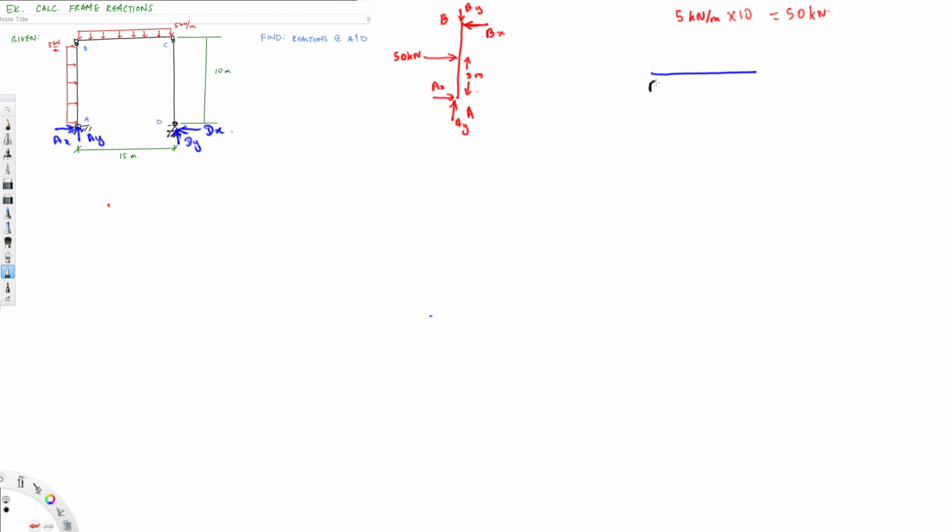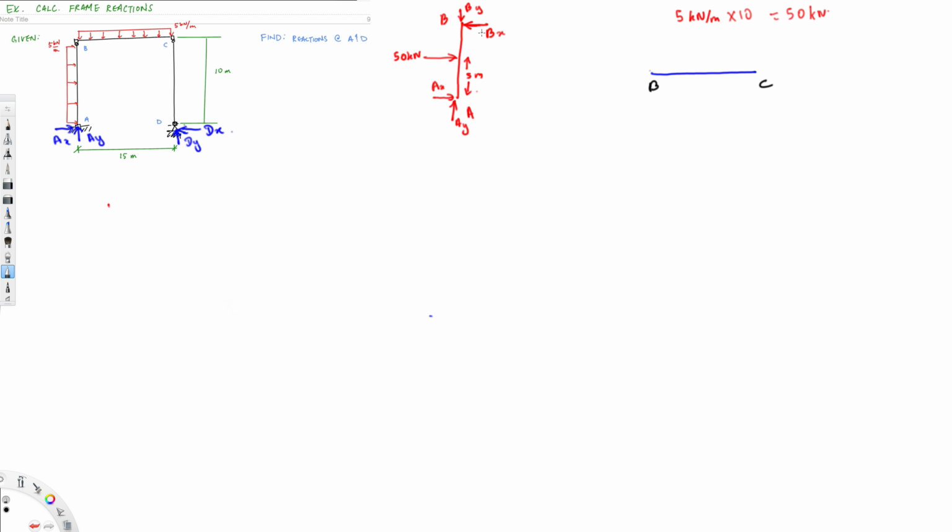Okay, this BC, and if I break it into parts, the only thing we have to remember is that when we choose other components, like if I break this one into two parts, whichever direction you choose here, we have to put the opposite direction to this one in the other joint.